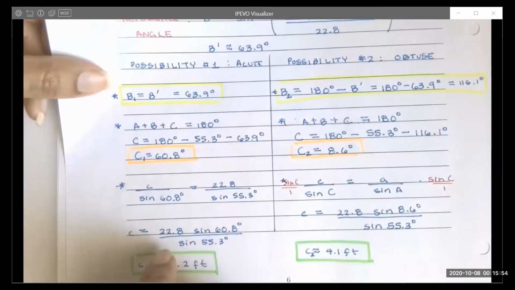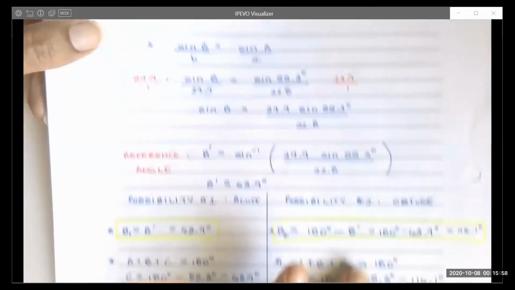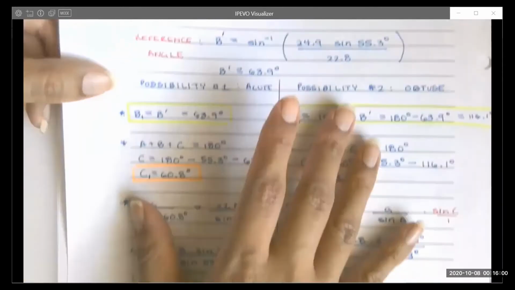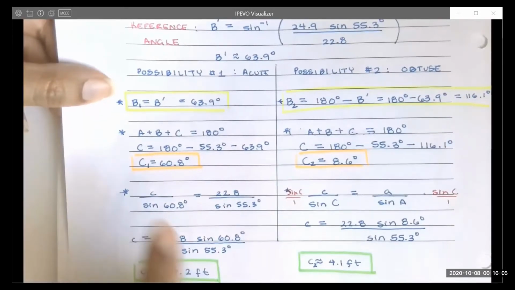We calculated C. And then in order to find the missing side, C, we used law of sines. So that's what we're going to do here.